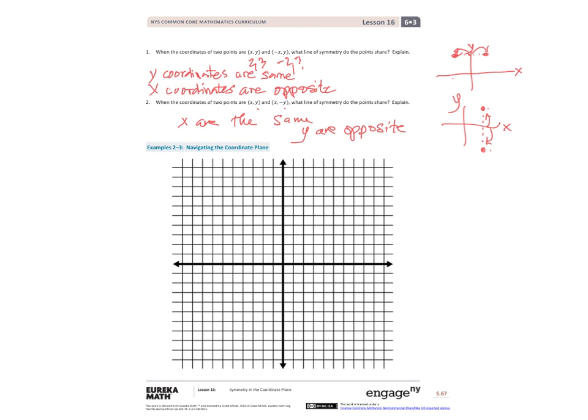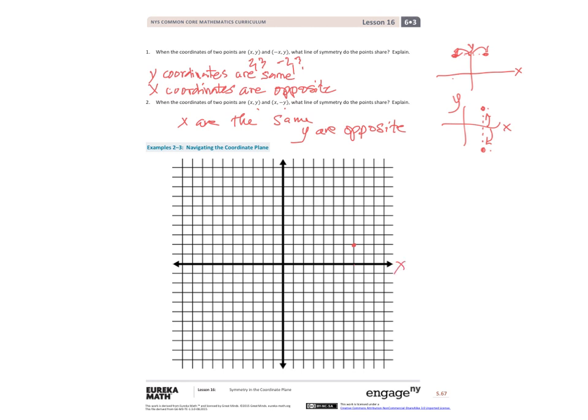Using a pencil, navigate. So going to plot over 7, 1, 2, 3, 4, 5, 6, 7, and up 2, 7, 2. Move, okay, this is just like directional, move 3 units down, 1, 2, 3, and then it says, reflect over the y-axis.